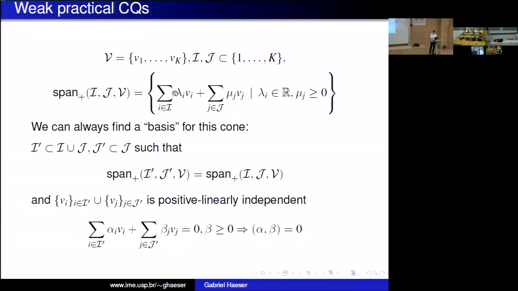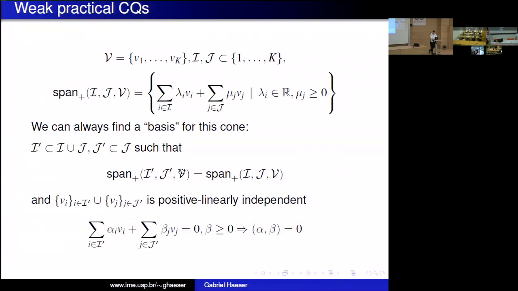For the vectors in the first index set, I will use unrestricted multipliers, and for the vectors in the second set of indexes, I will use non-negative multipliers. We can always find a basis for this cone. The concept of basis of this cone is this. You can generate this cone, we call this the positive span of this object.